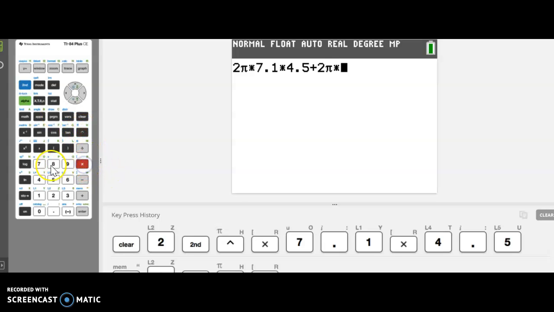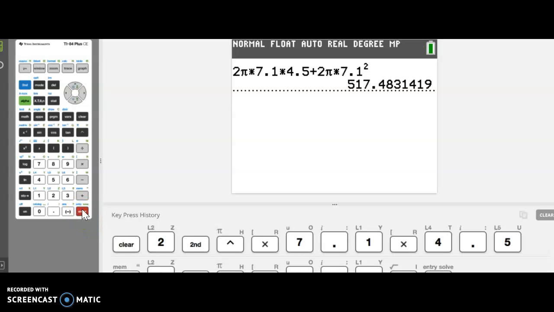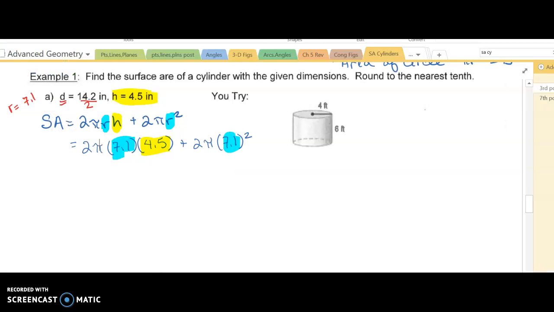I'm just going to enter the whole thing in at once. You don't have to. And so my final answer is 517.46 to the nearest tenth. We would round up that 4 to 5, so 517.5 inches squared.